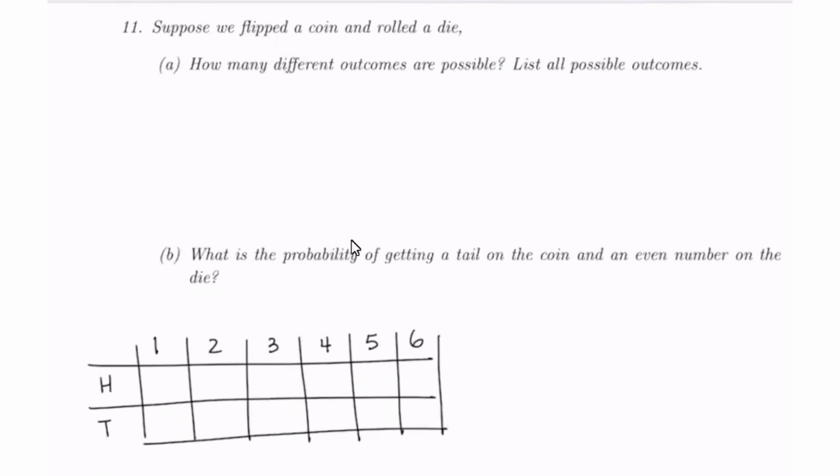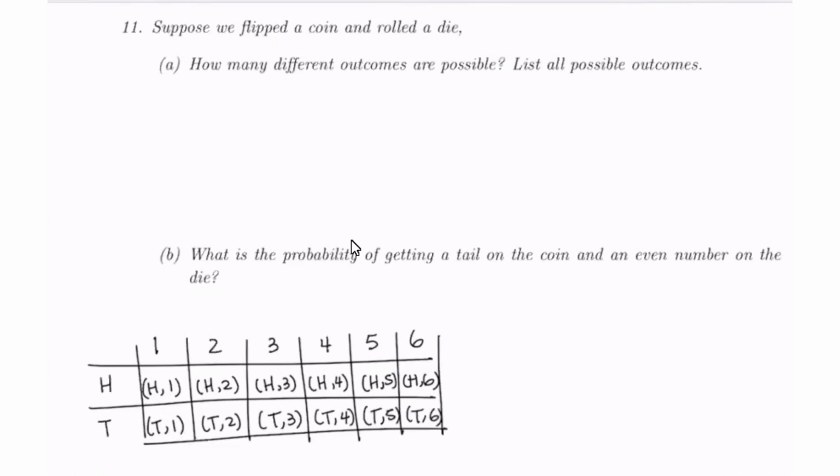So we have a total of 12 choices. How many different outcomes are possible? Can you list all possible outcomes? For example, here is a head and 1, head and 2, head and 3, head and 4, head and 5, head and 6, and there's a tail and 1, tail and 2, tail and 3, tail and 4, tail and 5, tail and 6.